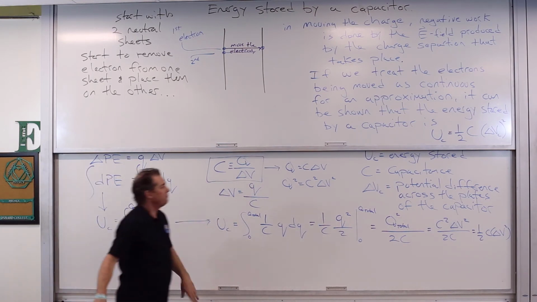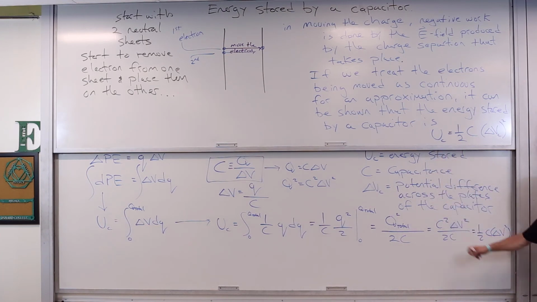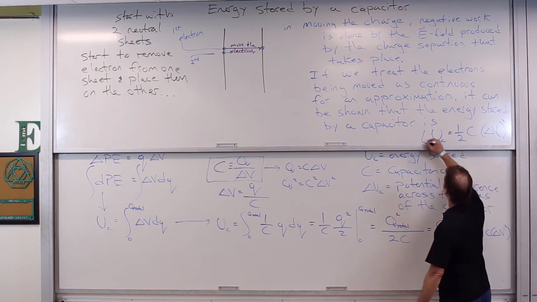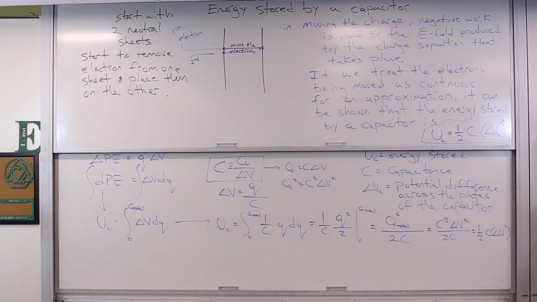But usually, again, I stick with this. This is an easy one to remember. This form comes in handy sometimes, but I like this one. Nonetheless, there's the energy stored by a capacitor, and that's fantastic indeed.